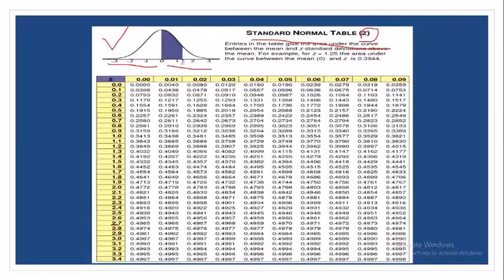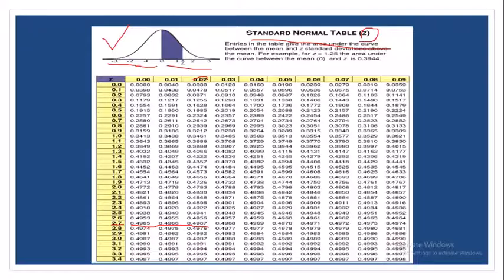Now you have 2.7 over here, and you have 0.02, so that when you add this up you get 2.72. Now let's see which value comes at the intersecting point.